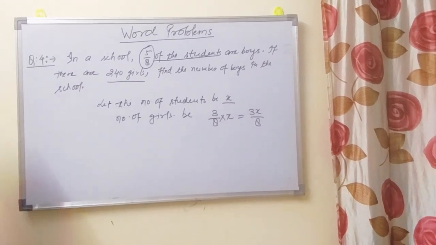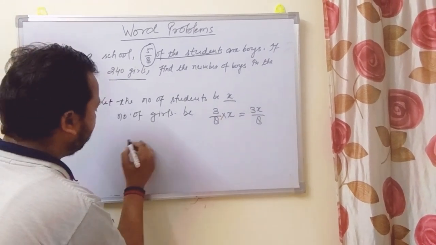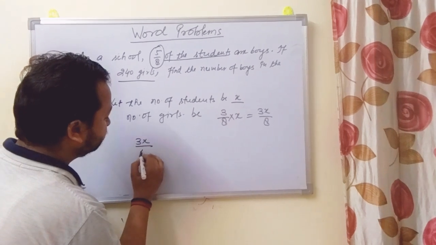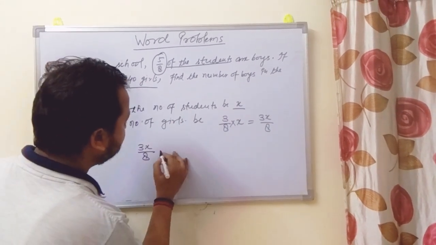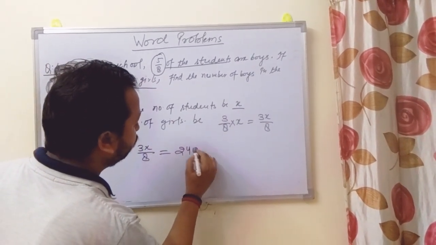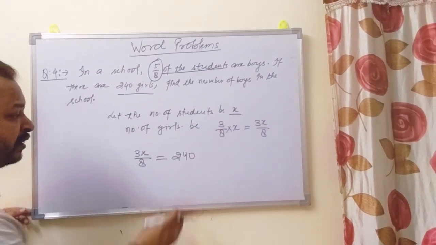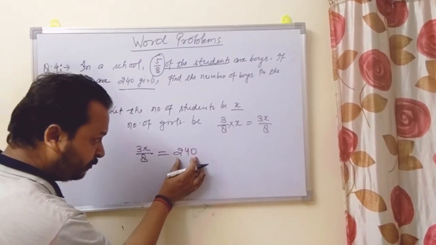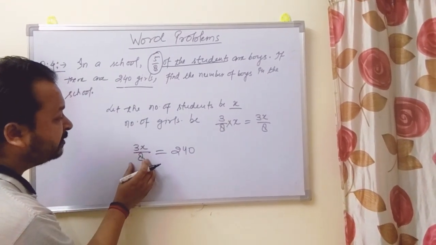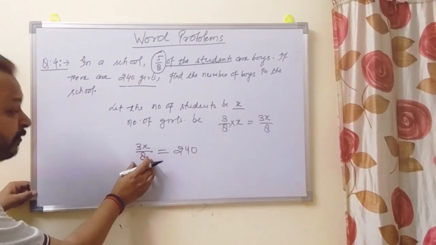In fraction it is 3x by 8 and in numbers it is given as 240. So the number of girls in numbers is 240 and in fraction it is 3 by 8 of x, right?